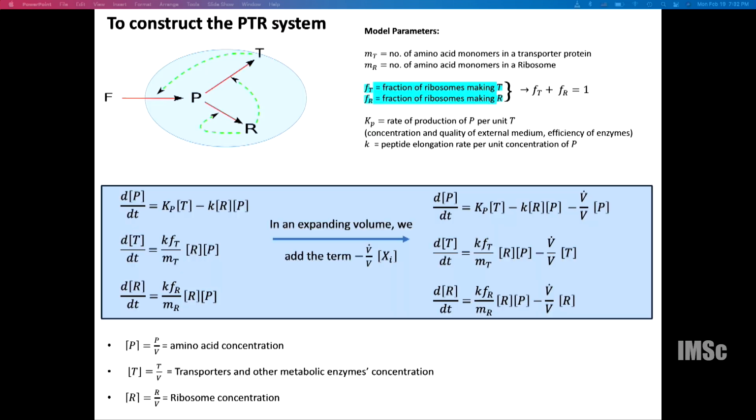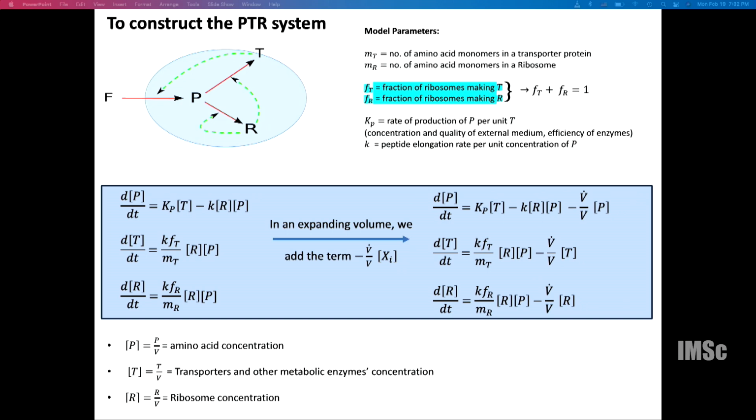Given the roles that each of these things play, you can write down equations like this for the concentrations. My notation is that if there is a box bracket, that means concentrations. If there's no box bracket, then that means populations.